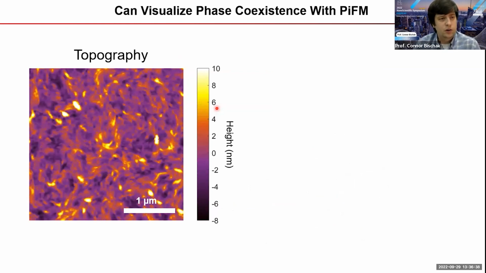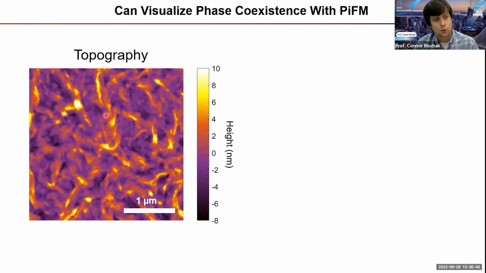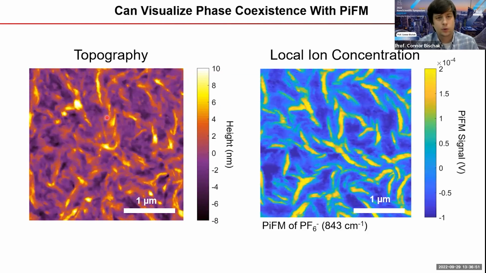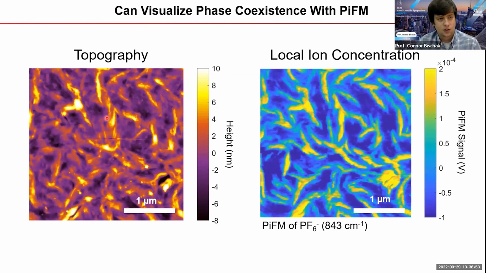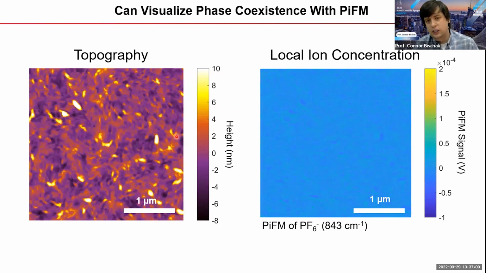You can see that very specific regions are swelling as we increase the voltage. And then we can also look in the infrared at our ion and see where the ions are in our film. When we do that, we get images that look like this. And you can see from these images that the areas where the polymer is swelling are essentially the areas where we're seeing ions.